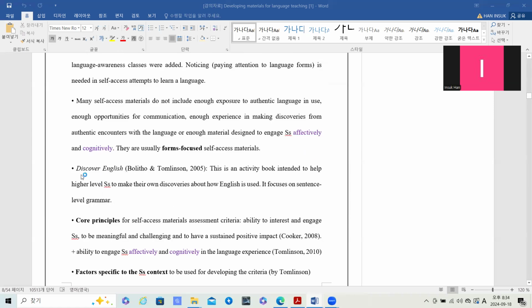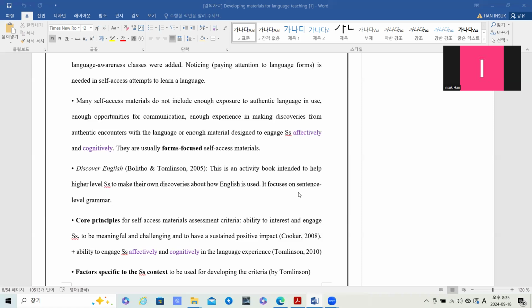For example, Discover English, written by Bolitho and Tomlinson. It is an activity book intended to help higher level students to make their own discoveries about how English is used. It focuses on sentence level grammar. So this means that this book relatively considers students' cognitive engagement more than other course books.